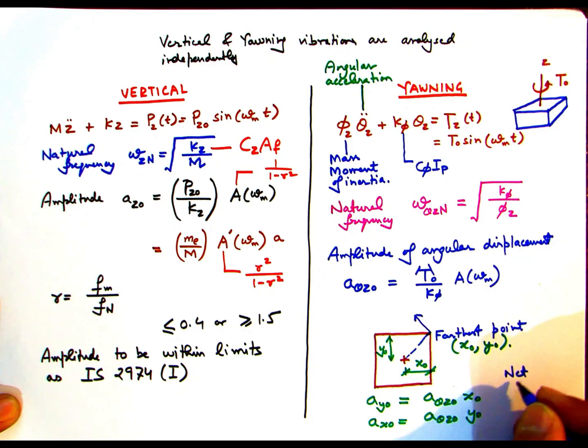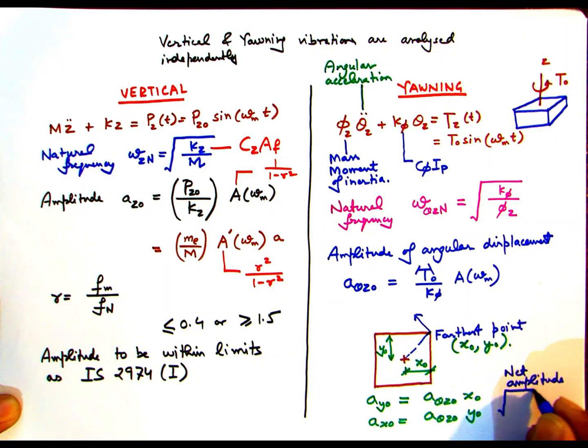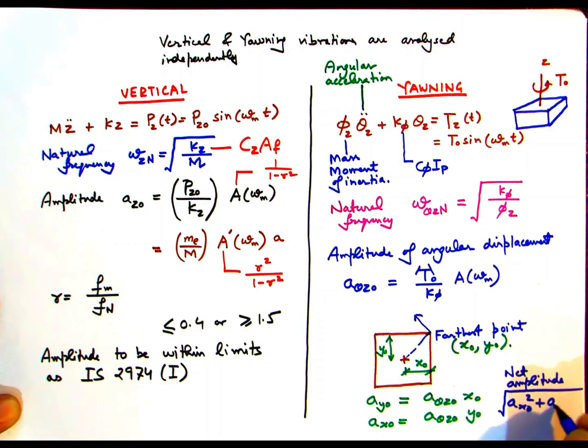Once we have the x and y components of the displacement amplitude, we can obtain the net displacement amplitude as the square root of the sum of squares of the x and y components. So when we talk of the displacement amplitude check, or the limits on the displacement amplitude, we have to check this component.